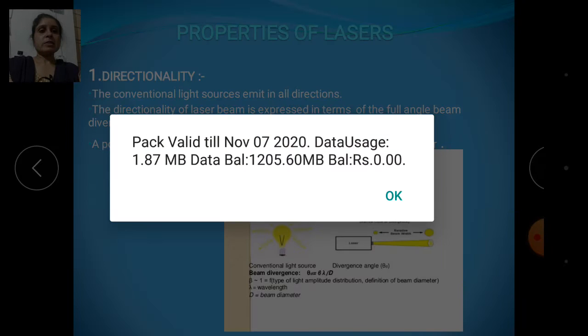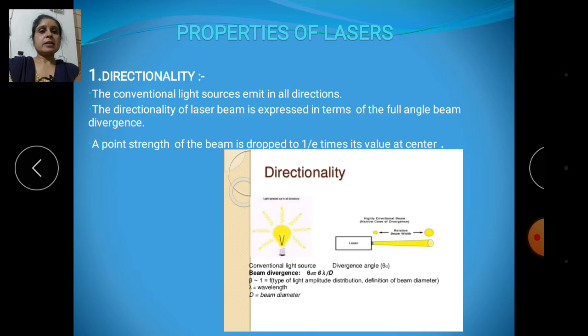Conventional light sources emit in all directions, whereas a laser beam is a very narrow beam of light and produces a straight beam of waves.